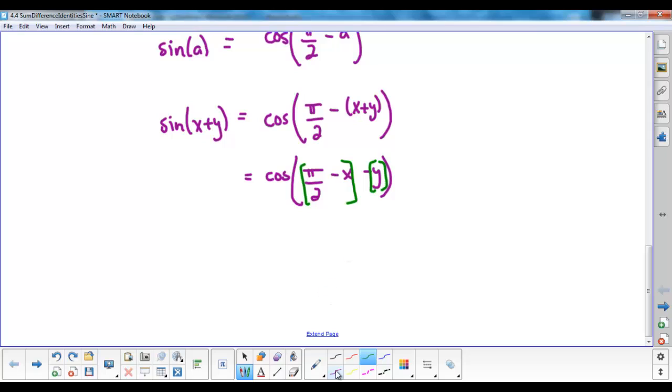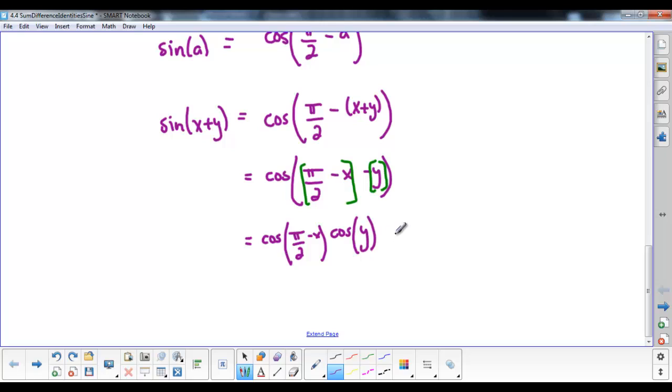So if we focused on that and expanded with the cosine difference identity, we would end up with cos of the first times cos of the second, and then because there's a minus sign there, we'll use a plus. So plus sine of the first and sine of the second.